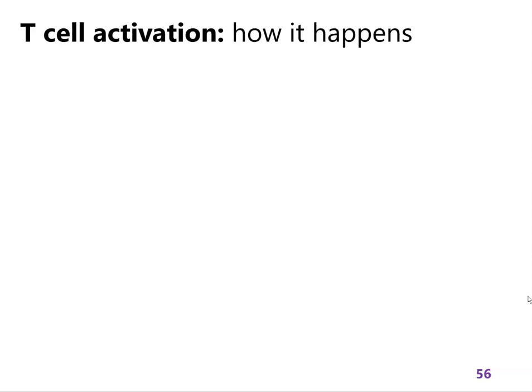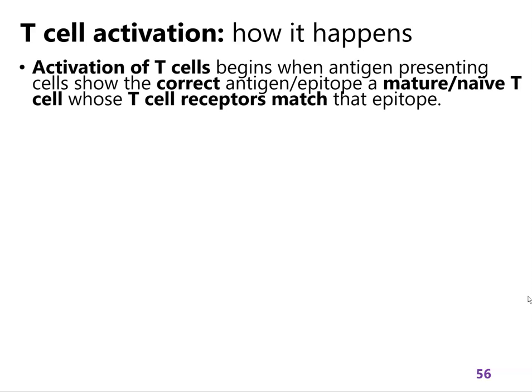So what happens for a T cell to activate? This might be a good time to remind yourself, what are the outcomes of activation? And what are the T cell effector cells? Those are good things to be able to look up quickly. What happens is a mature, naive T cell is ready to be activated, and when an antigen-presenting cell shows it the right epitope, the one it can recognize, which is insanely rare.